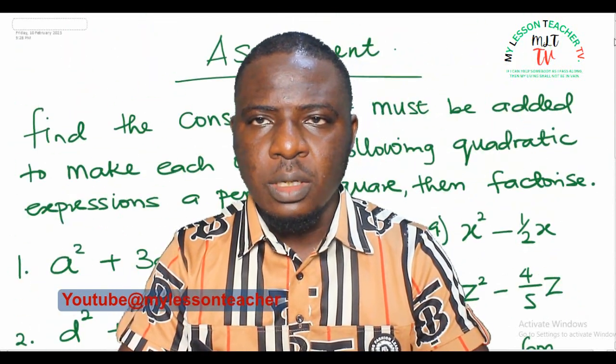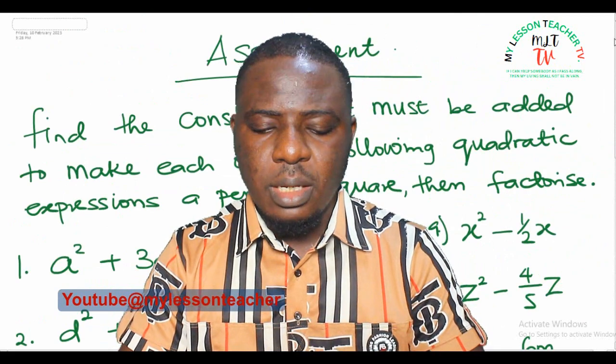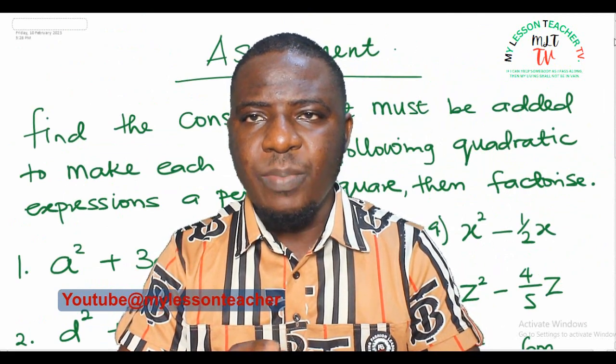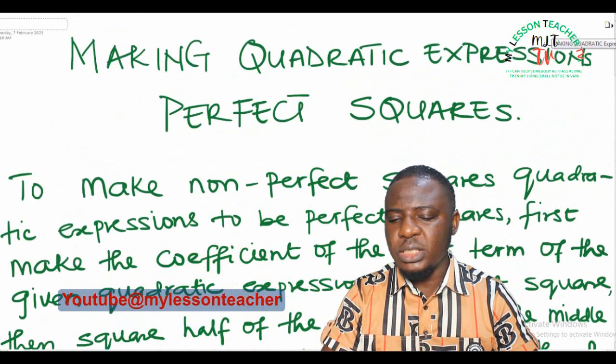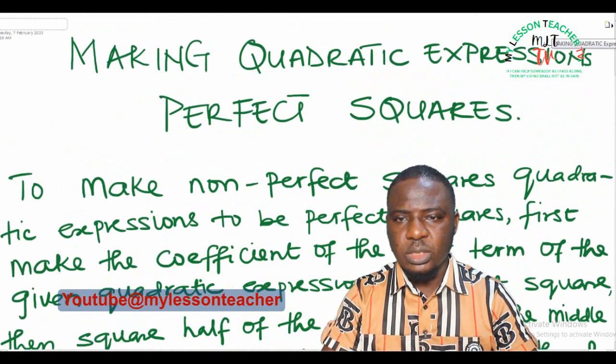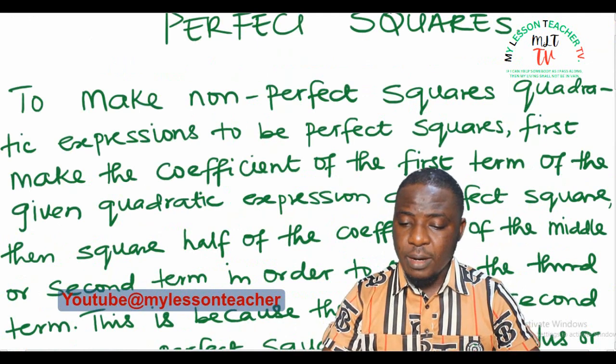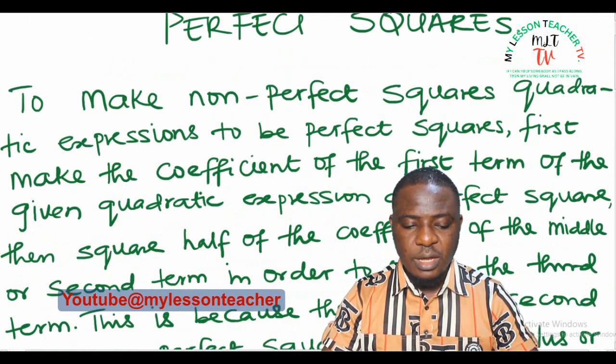At the last class, we looked at making an imperfect square a perfect square. We looked at making quadratic expressions perfect squares, where we said to make non-perfect square quadratic expressions perfect squares, first make the coefficient of the first term of the given quadratic expression a perfect square.